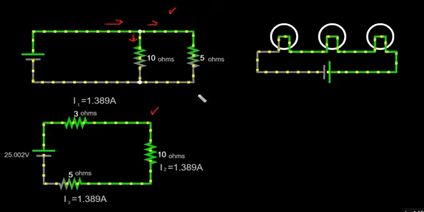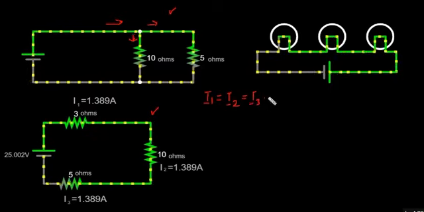The first property I talked about is that the current flowing in the circuit is the same across each of the resistors. So I1 equals I2, and I2 equals I3, and they are all equal to 1.389 amperes.